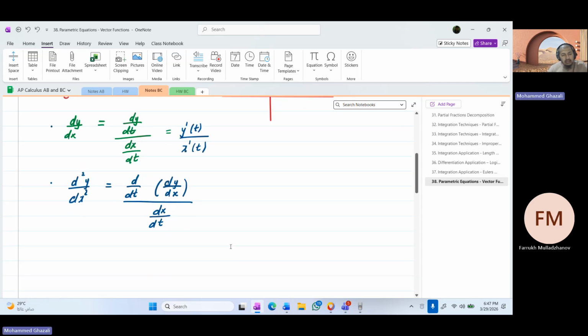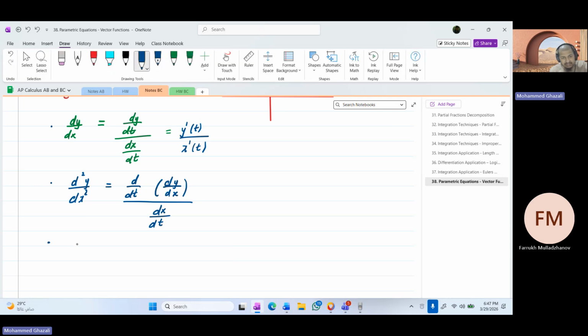Now, from this dy dt and dx dt, what does it give us? We get horizontal tangents if dy dt is equal to 0.